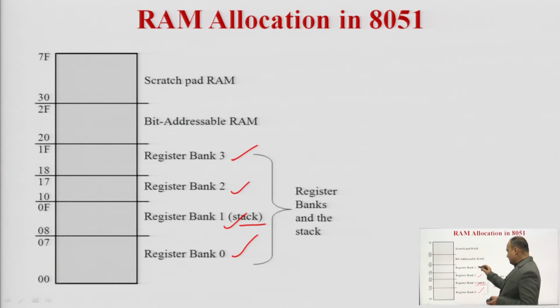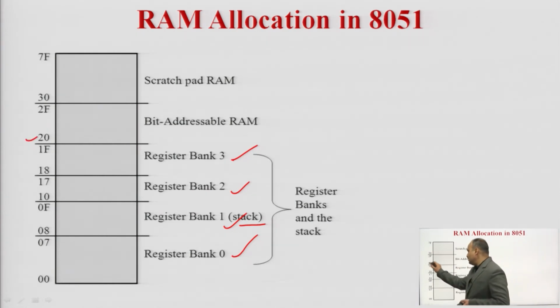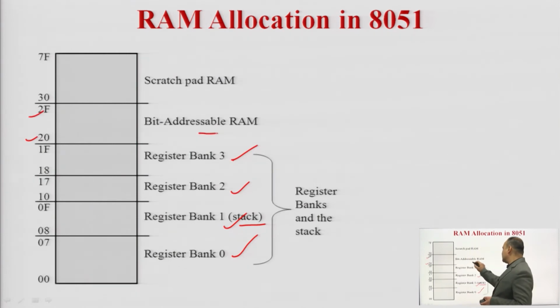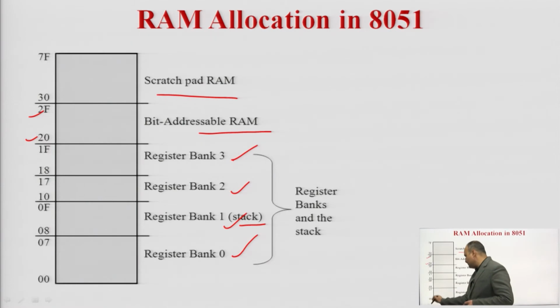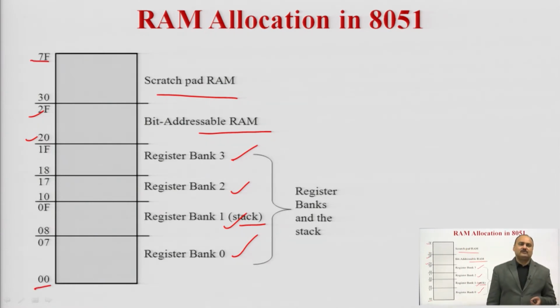Then the 16 bytes from 20H to 2FH are set aside for bit addressable RAM, and the remaining 80 bytes are used for scratch pad RAM. So, we have a total of 128 bytes ranging from 00H to 7FH, and this is the RAM memory allocation into 3 different parts of 32 bytes, 16 bytes and 80 bytes.